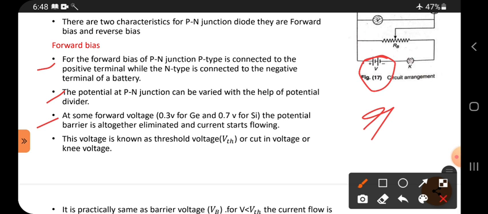At some forward voltage, here it is 0.3 volt for germanium and 0.7 volt for silicon. So if you have a germanium diode and want to cancel the potential barrier, just greater than 0.3 volt is enough, and then the depletion layer will be cancelled. For silicon, 0.7 volt is required to cancel the depletion layer.